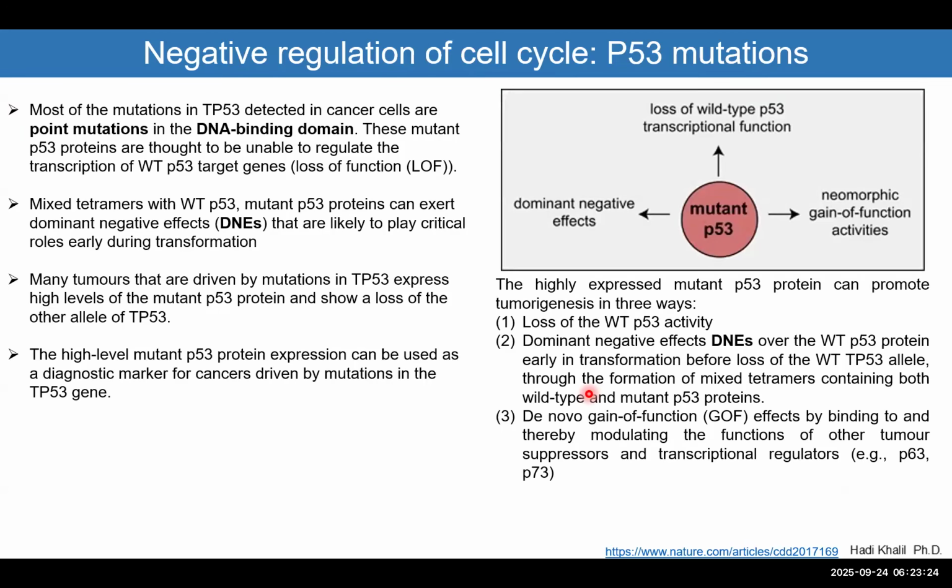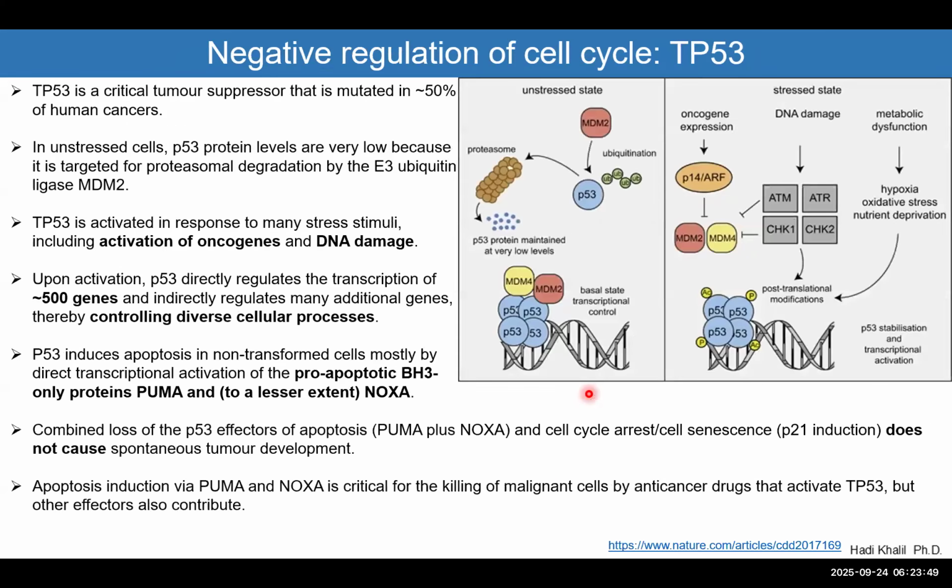So this slide summarizes for you how p53 negatively regulates the cell cycle and how it can become no longer an adaptation process and lead to cancer. If I go back here quickly, I give you a scenario where p53 phosphorylation doesn't take place.